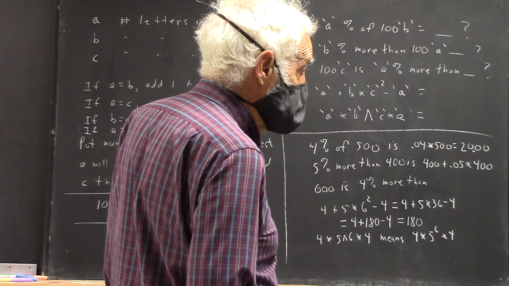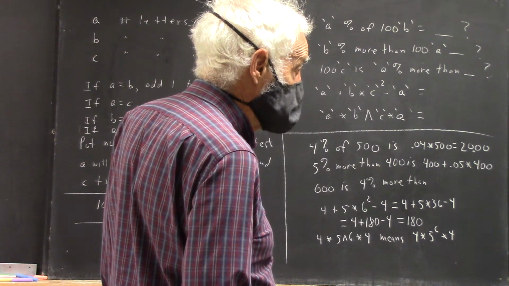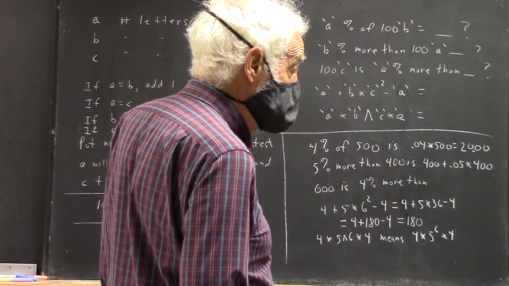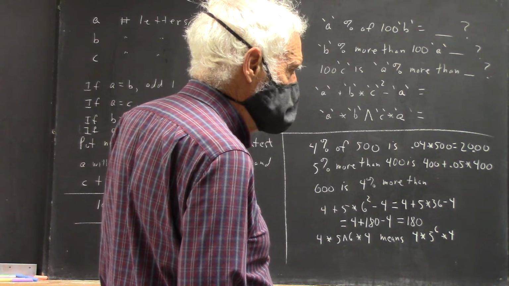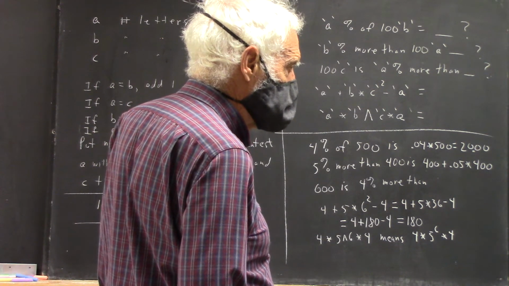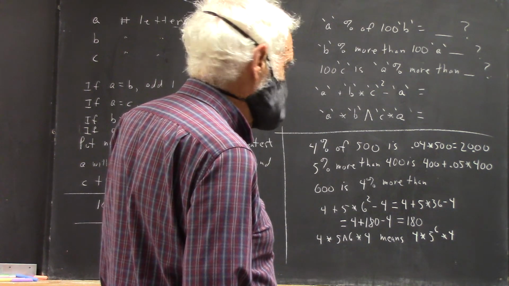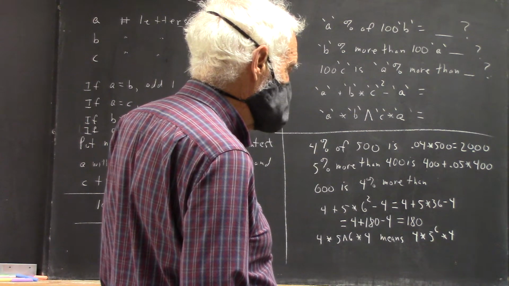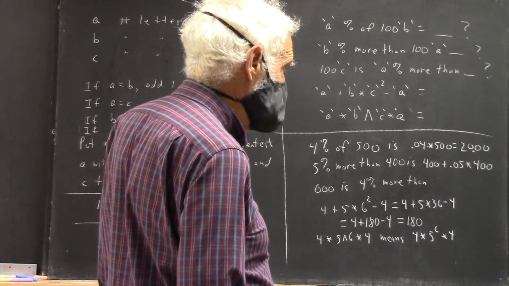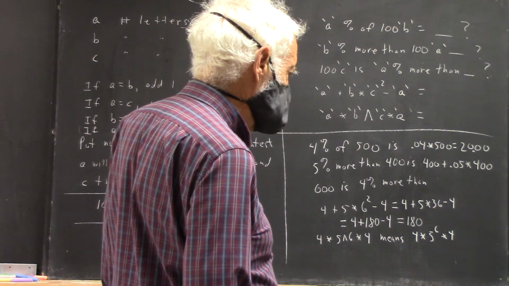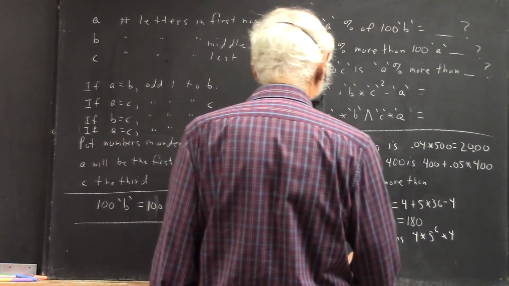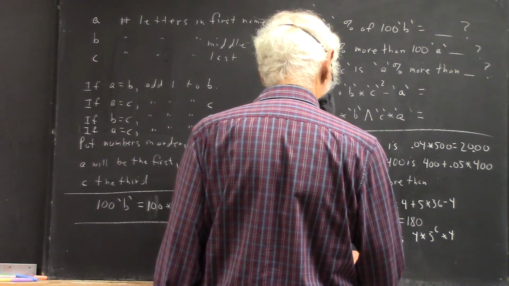5 to the 6th is 625, 3,125, 15,000. Wait a minute. Oh, man. Brain isn't working.